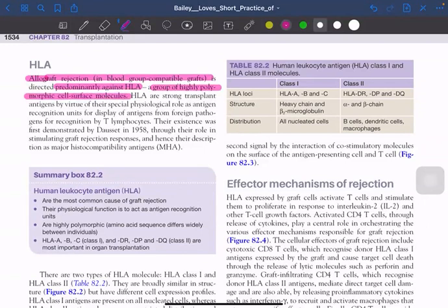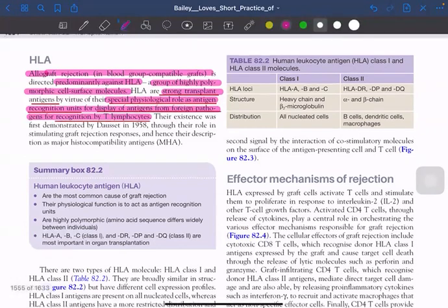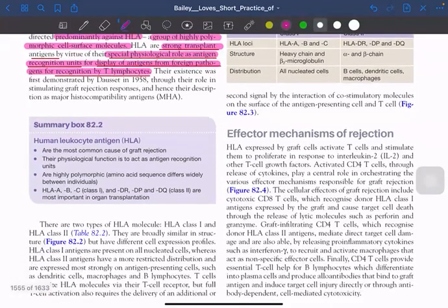The HLAs are strong transplant antigens by virtue of their special physiological role as antigen recognition units for display of antigens from foreign pathogens for recognition by T lymphocytes. This is table 82.2.